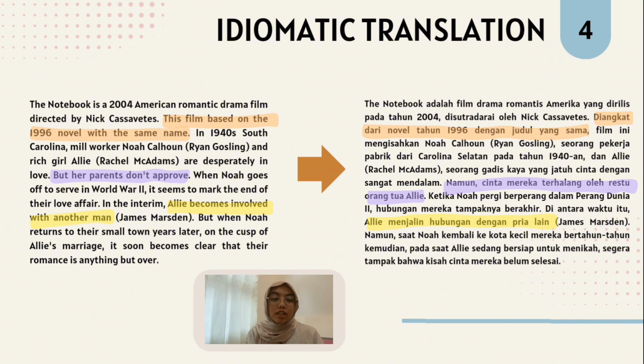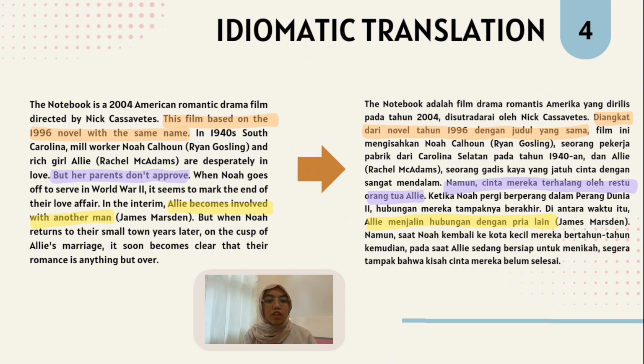The idiomatic translation method refers to a translation approach that focuses on rendering the meaning of the source text in a way that sounds natural and idiomatic in the target language. Rather than translating words or phrases literally, it adapts expressions and structures to match the common usage and cultural context of the target language.